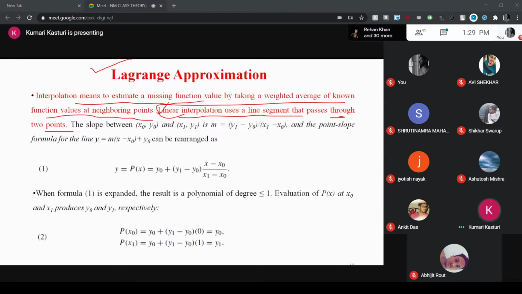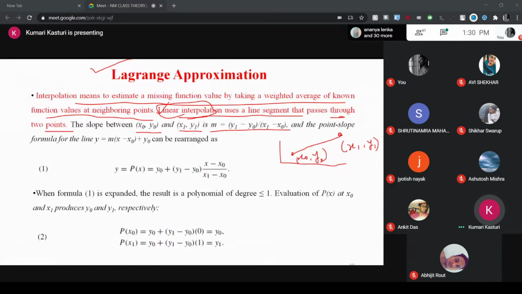Now, the slope between 2 points (x0, y0) and (x1, y1): here this is the first point x0, y0, and this is x1, y1. Joining them gives a straight line, a linear polynomial. The slope of this should be y1 minus y0 divided by x1 minus x0. So the slope m can be written as (y1 - y0)/(x1 - x0).